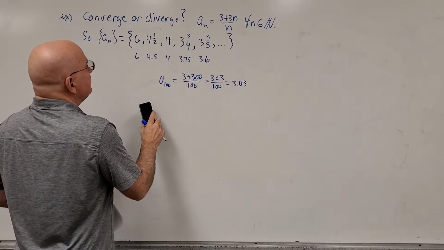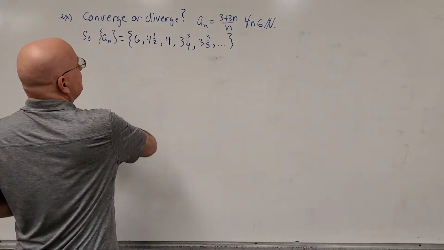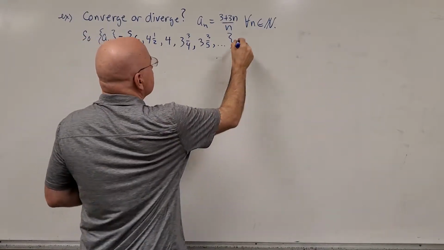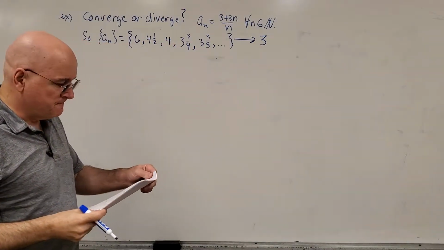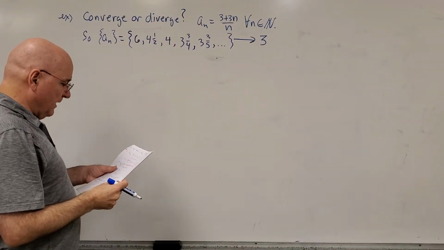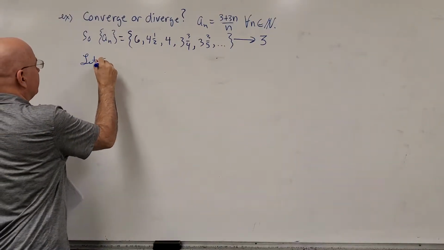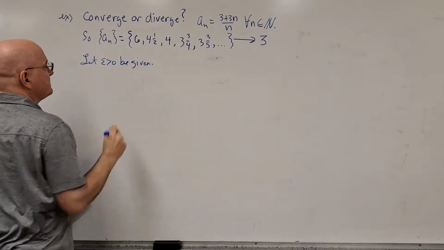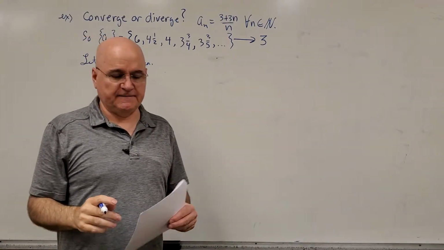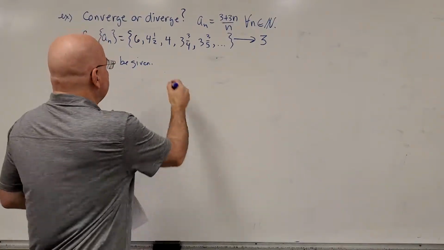All right, so now let's show that that's actually true. So we're going to show that this converges to 3. Well, as always, we need to say let epsilon be given every time we're trying to prove a sequence converges to its limit. And I'll kind of tell the story about what we have to do now.